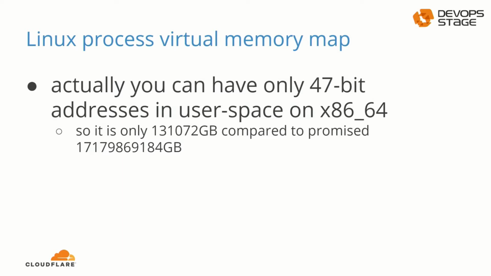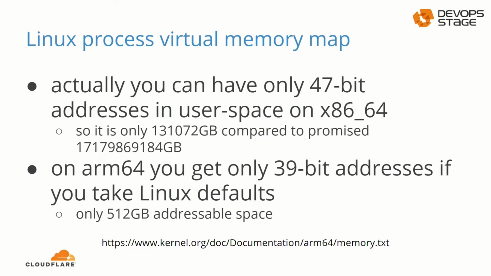However, on ARM64, you have a different memory layout. And if you take the Linux default, which we did initially, you will get only 39 bits of addressable space. The problem with that is you only have 512 gigabytes of addressable space.